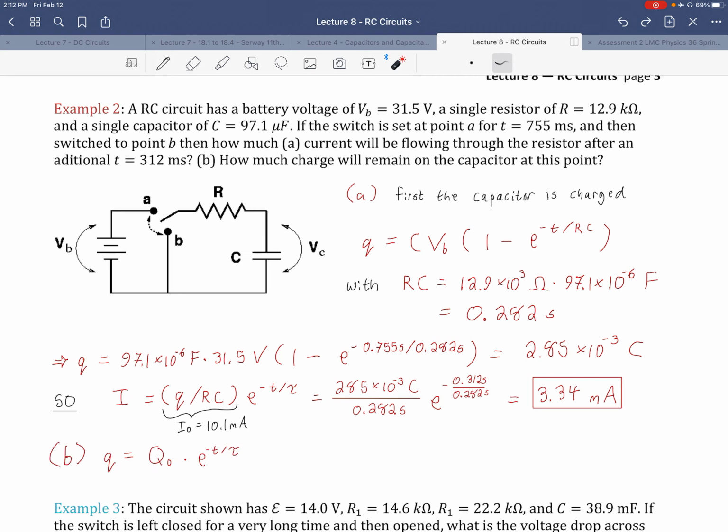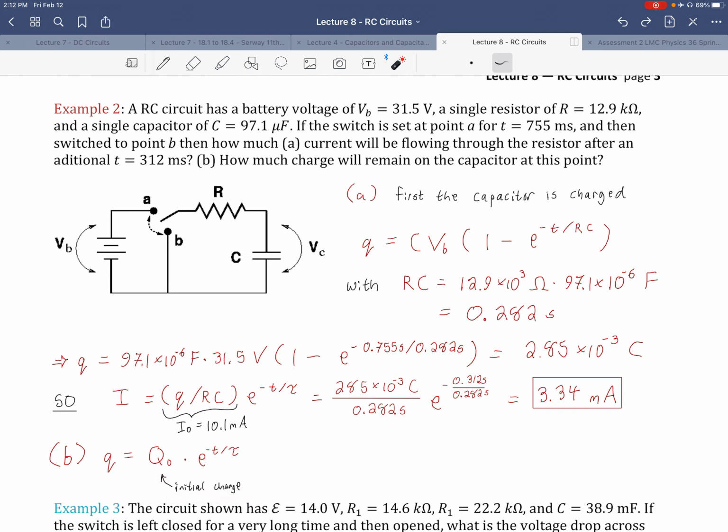And how much charge will remain on the capacitor at this point? Well, the charge is decaying exactly like the current is decaying. I can go ahead and plug in my values. Here, this is going to be Q naught, which is also just little q. This is just the initial charge. I wrote it this way so I wouldn't have a Q equals Q. So for clarity, I've replaced the instantaneous charge with this variable called initial charge.